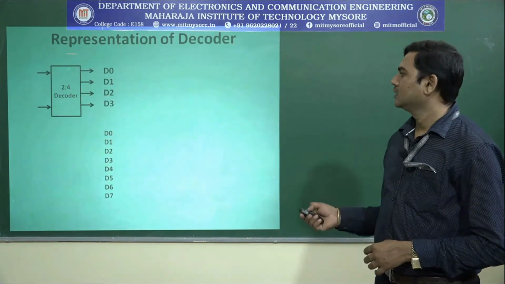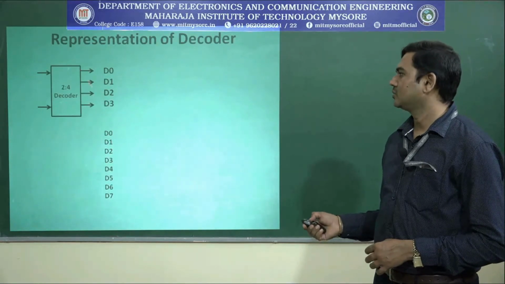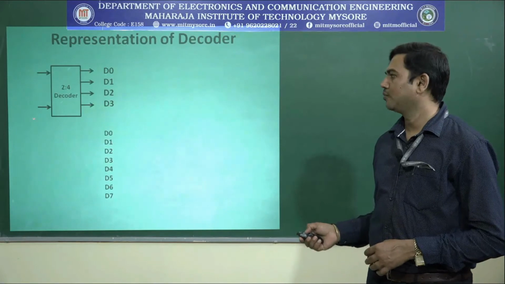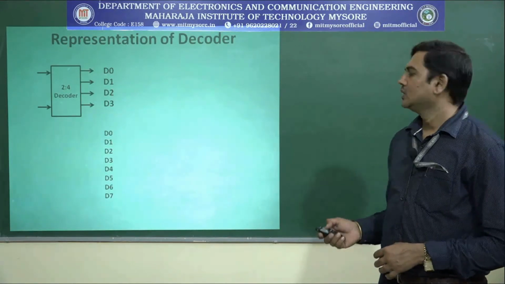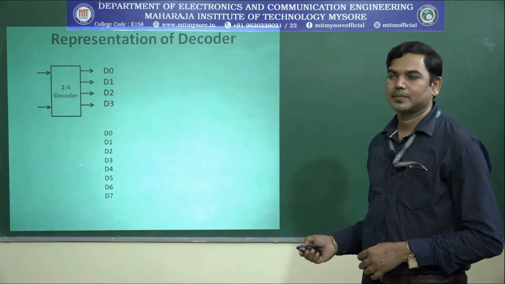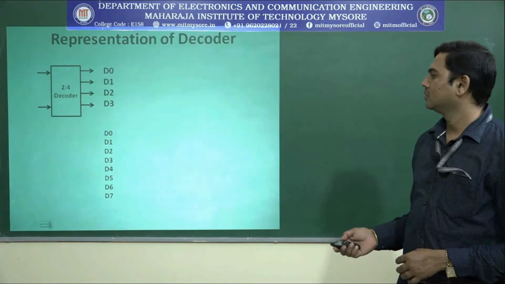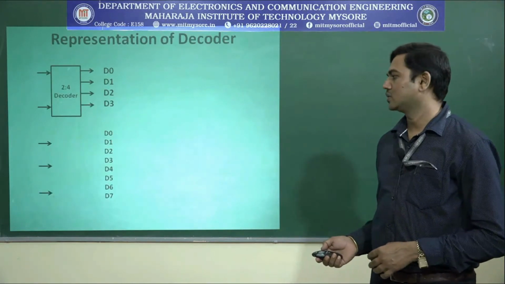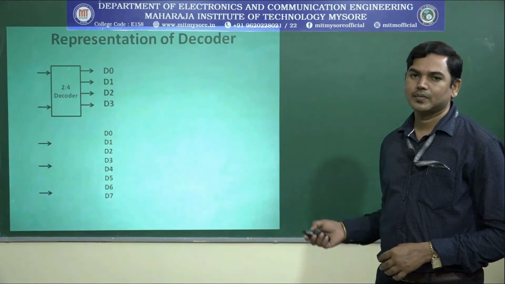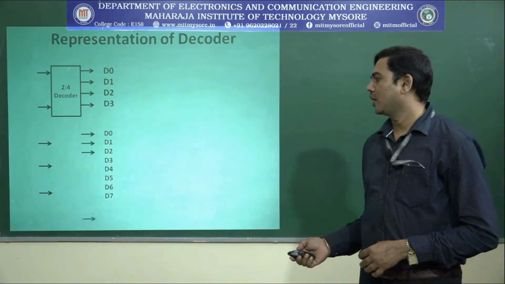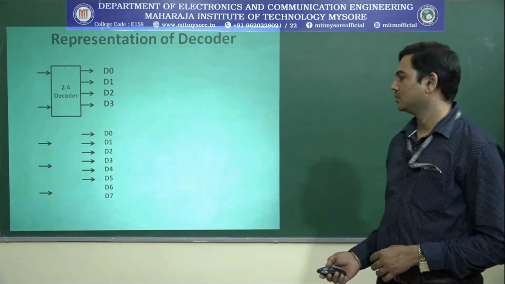This is the representation of a 2:4 line decoder. It will have 2 input lines and 4 output lines. Similarly, if there is a decoder which has got 8 output lines, then it should have 3 input lines. So, this forms a 3:8 line decoder.